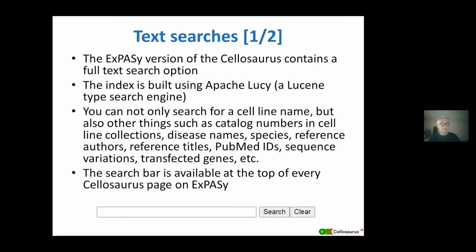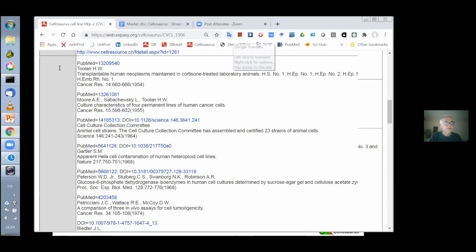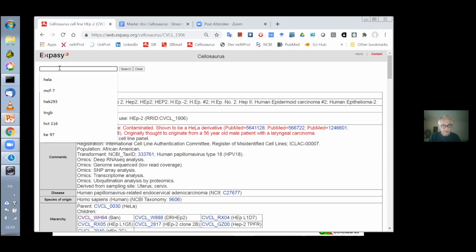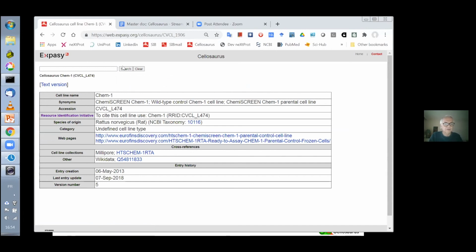And this search is available on top of every page. You saw it before. If I go back to the top of the page, here, I can do whatever search I want. I could, for example, put an accession number of a cell line, a PubMed ID, or anything else I want.